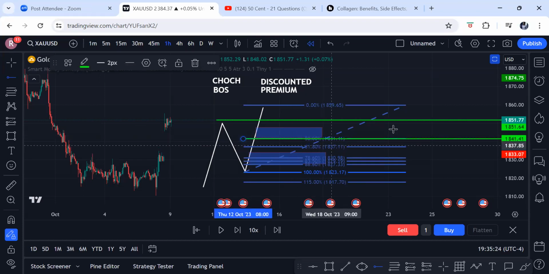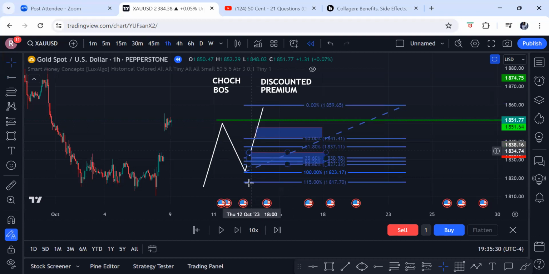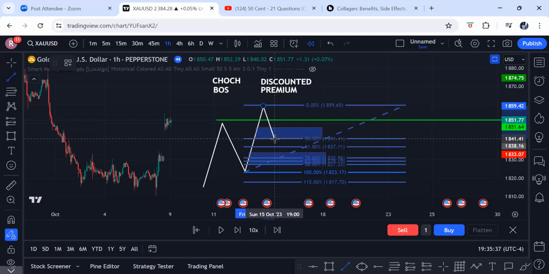You see that 50% number here that I have. That is 50% of this move up. So what this is saying is that we're looking for price coming back down 50% of this move upward. Everybody got that, right?